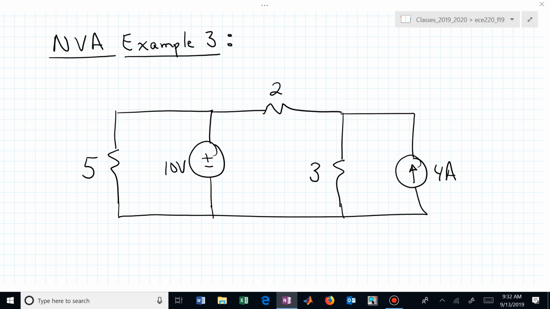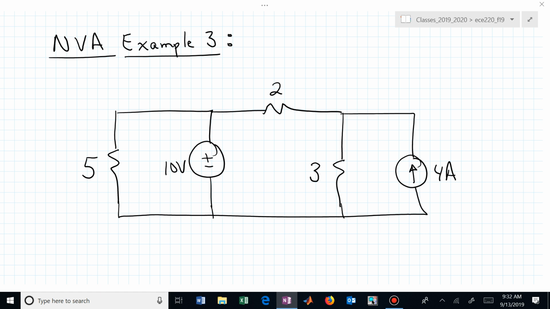Did everybody finish? Did you get started? What was your first step in solving this circuit? Did you look for essential nodes?